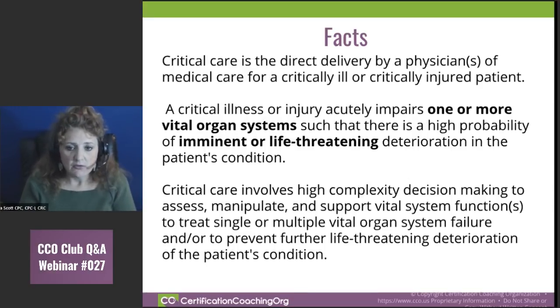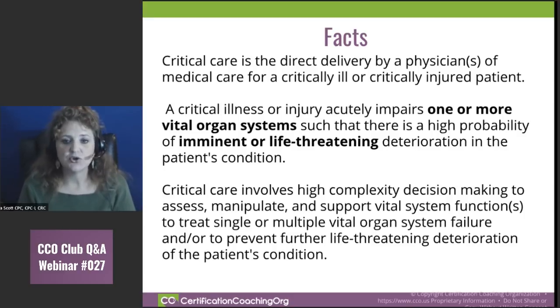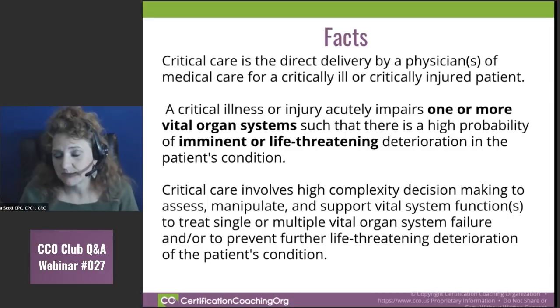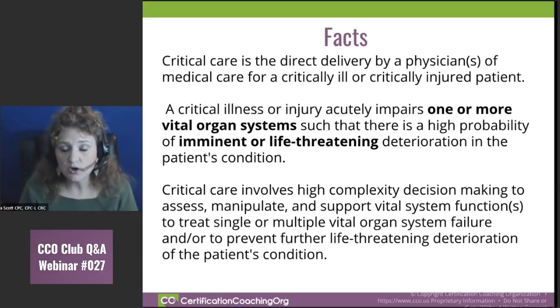Now, another thing that is kind of reiterating what we said in the beginning is, how are we describing a critical care patient? They could be critically ill or they could be critically injured. So when we talk about a patient that has a stroke and has to be intubated, that's critically ill.